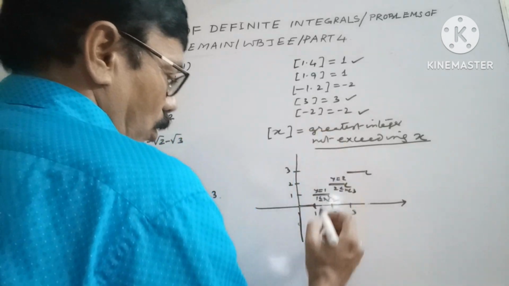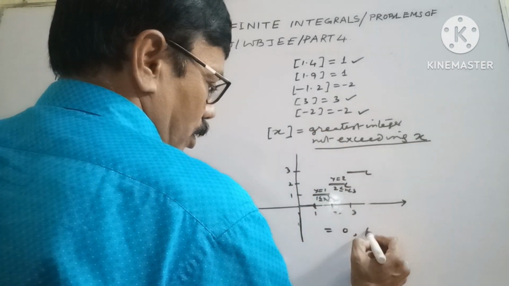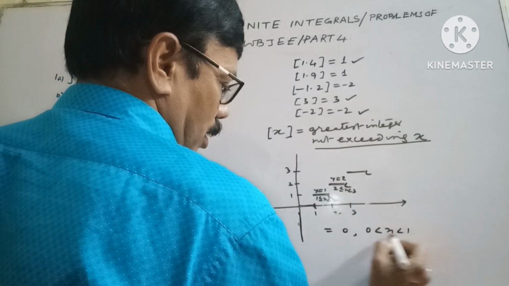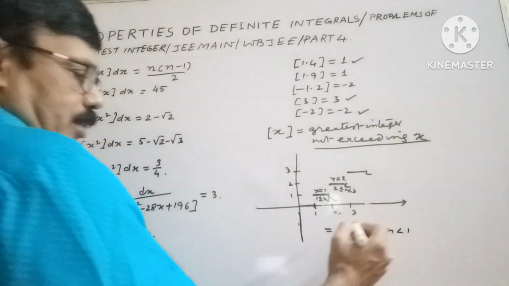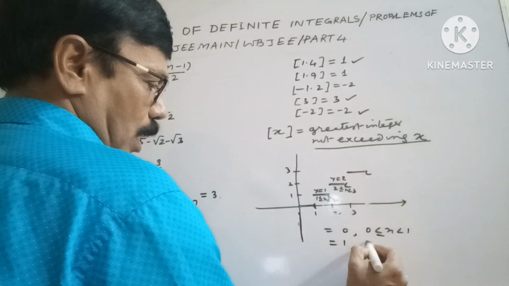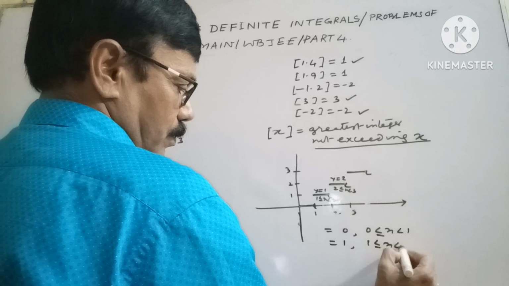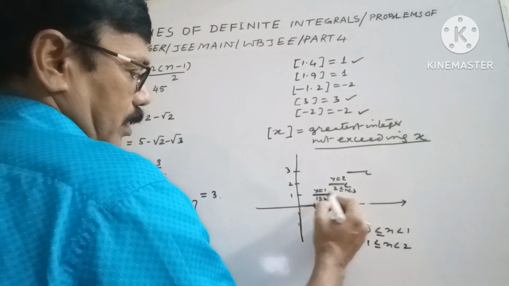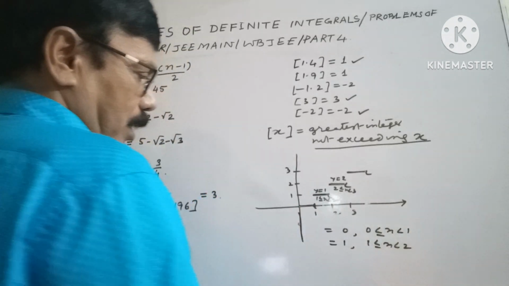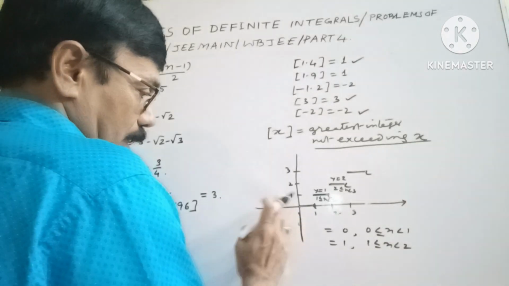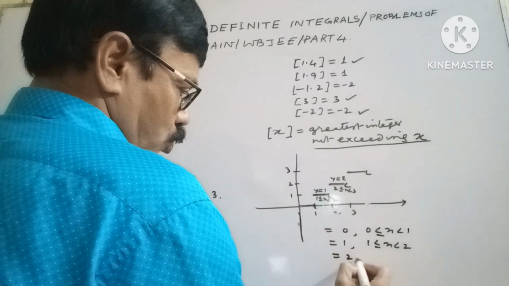So recall again, this is 0. 0 is included, 1 is not included. This is 1. 1 is included but 2 is not included. That is why it is 1. This is 2.